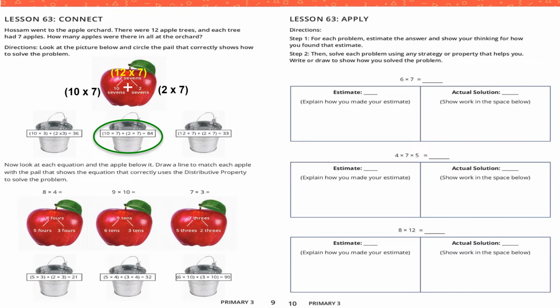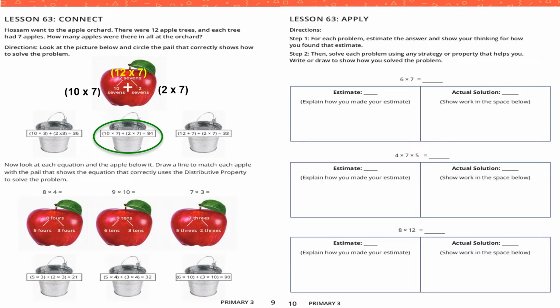The next one, he is telling me to look at each equation and the apple below it and draw a line to match each apple with the pail that shows the equation that correctly uses distributive property.